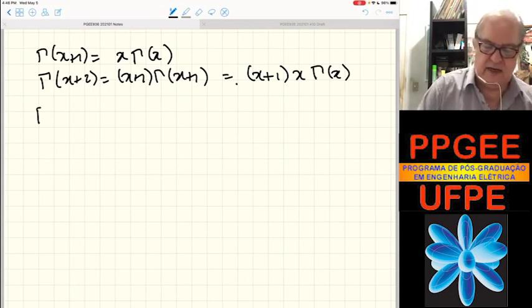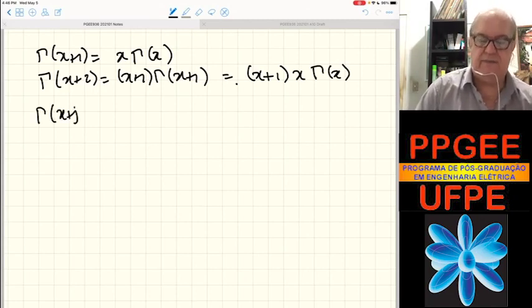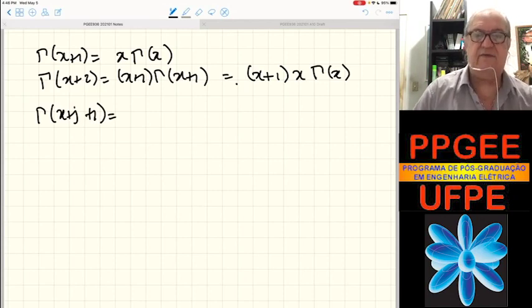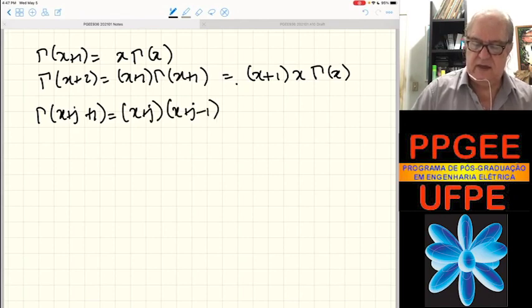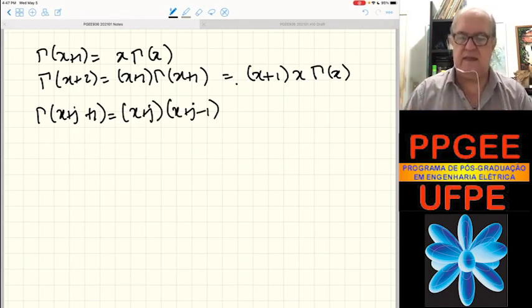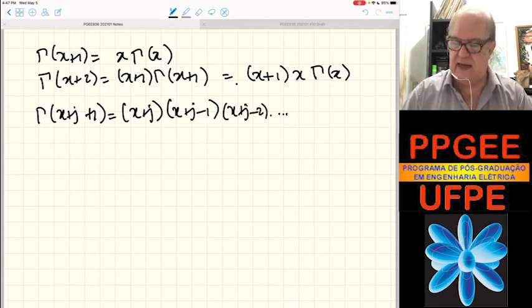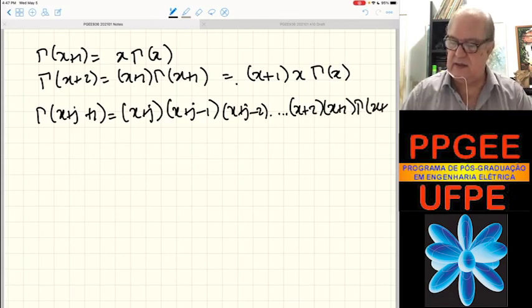So if I go to gamma x plus j plus 1, we're going to have x plus j, and I keep reducing: x plus j minus 1, x plus j minus 2, until I get to x plus 2, x plus 1, then the last term is going to be gamma x plus 1.